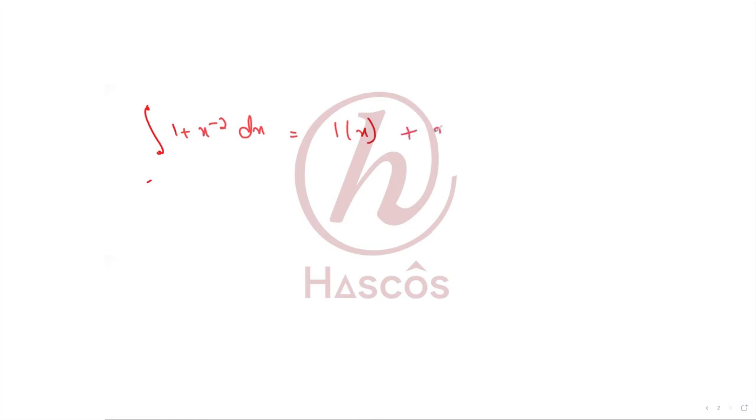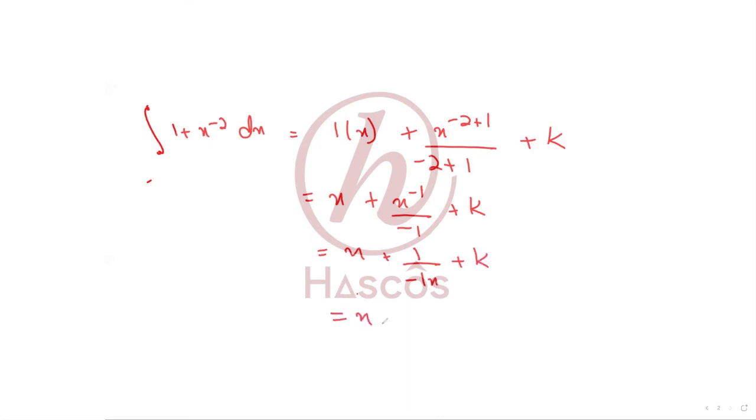It integrates into x to the power minus 2 plus 1 upon minus 2 plus 1 plus k. X plus x to the power of minus 1 over minus 1 plus k. You bring it down, this becomes 1 upon minus 1x plus k, and then you can write this simply as x minus 1 upon x plus k after integrating it.